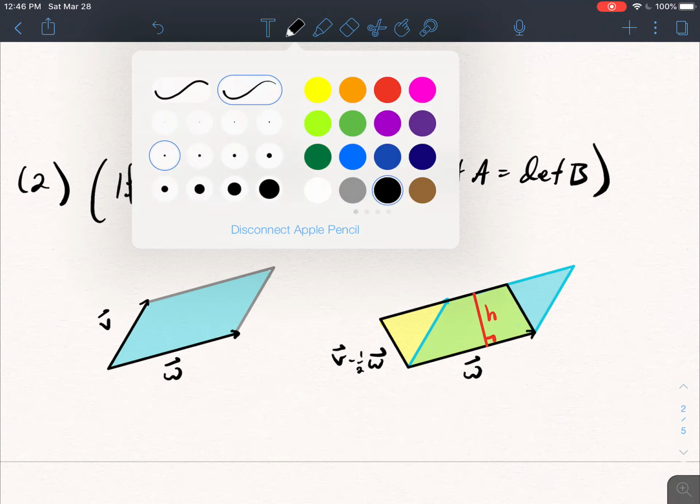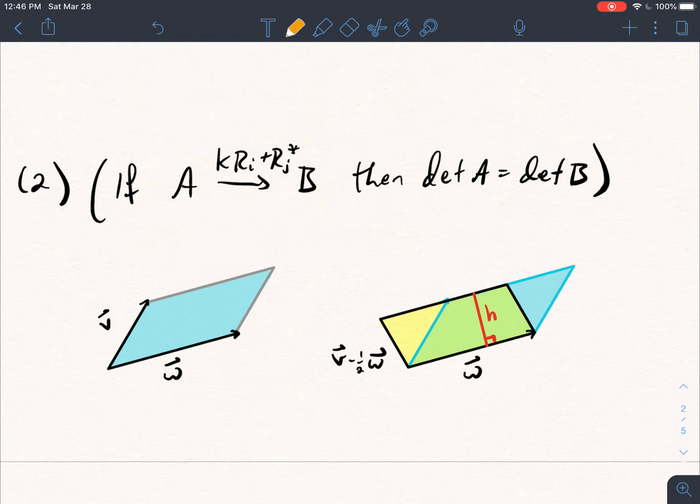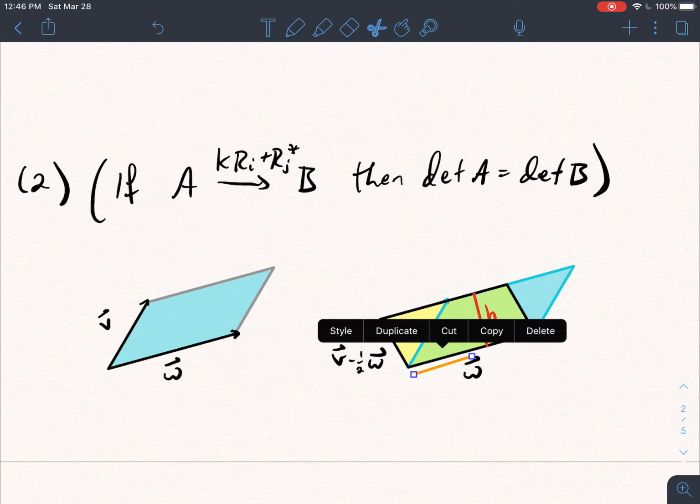If this is v, then half of w would be something like that, and I'll move it here so that I can just move it along with us. So that's roughly what half of w is.